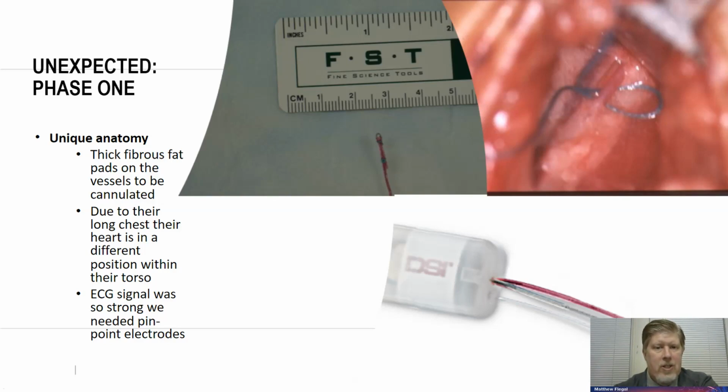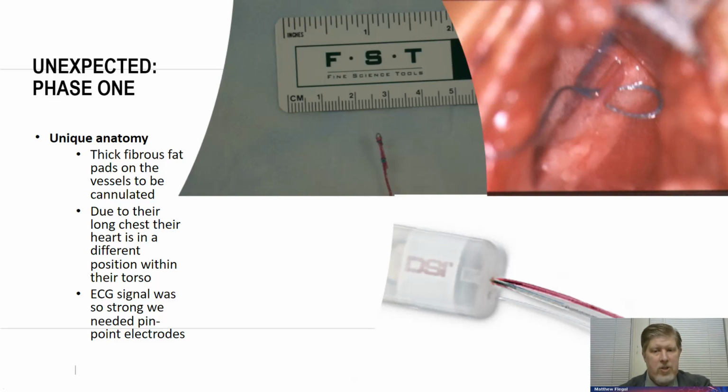Lots of fat, lots of fibrous tissue, and it wasn't easy to dissect. And in this case, the fibrous tissue that we were trying to work through was actually far tougher than the vessel we were trying to gain access to. And that's a problem, because the thing we most wanted to keep intact was the one that was most likely to fall apart.